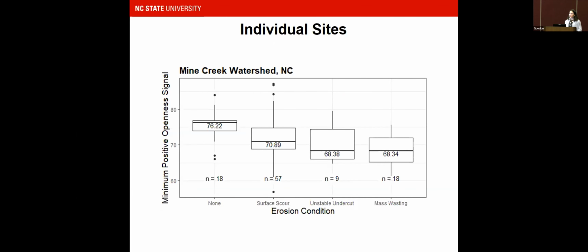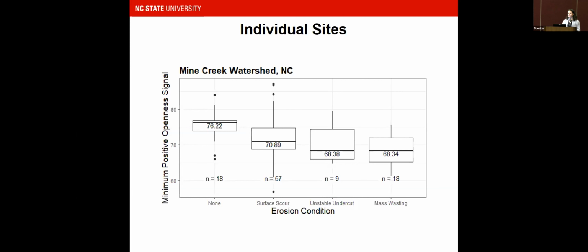I got the 1-meter resolution positive openness layer from USGS and have been doing some preliminary analysis on it. And the highest correlation that I was able to find between the positive openness signal and the various factors I was looking at was the type of erosion that we qualified out in the field. So obviously where you had no erosion, you expect it to have a higher positive openness signal, so less incision.